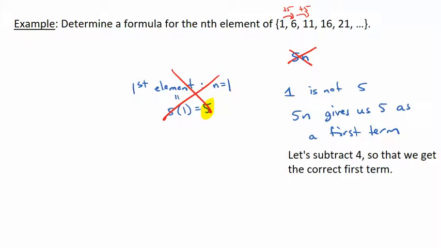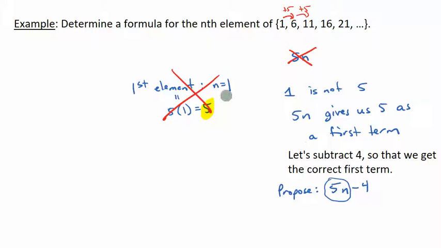So let's propose a new formula. How about 5n minus 4? So it's very similar to 5n. The reason we use that is because we have a spacing of 5. But I need to adjust it so that my first term is correct, so I'll subtract 4. Because the first term again of this would give me a 5, and I need it to be a 1.